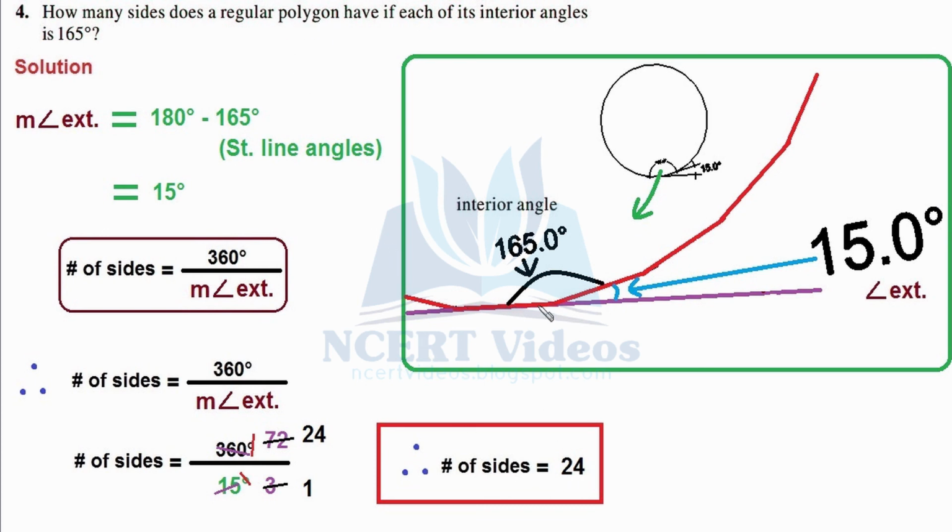Well, this concept will be followed by any polygon, because ultimately polygons are made up entirely of line segments that are joined together in the end. Therefore, there will be deviation, and we can easily find the external angle if we subtract the given internal angle from 180 degrees. With this, our question number 4 has been solved.